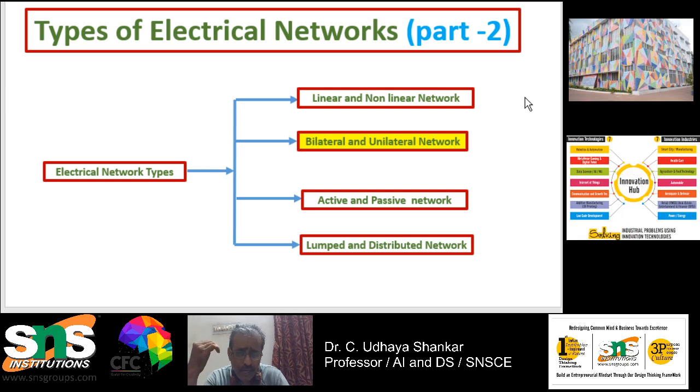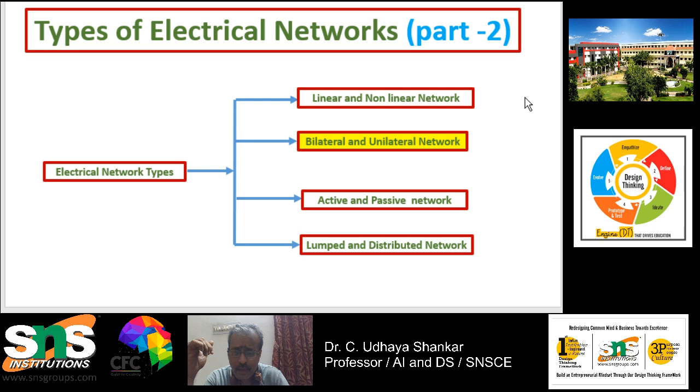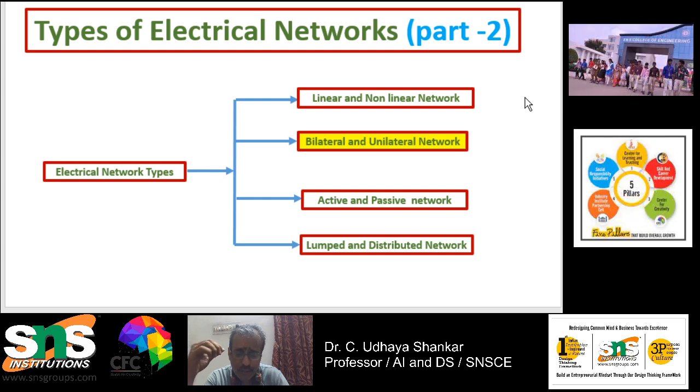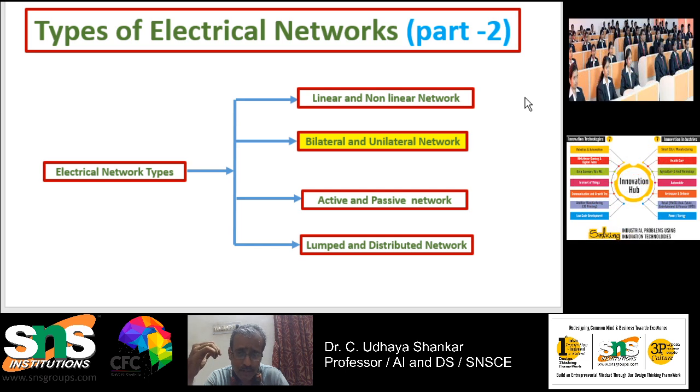In this video, we will be discussing only the difference between a bilateral and a unilateral network. We will be discussing the characteristics, and I will give you some examples of why it is called a bilateral network and why it is called a unilateral network, so that you can have some clarity in identifying which circuit is bilateral and which is unilateral.